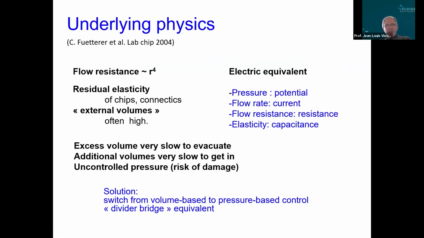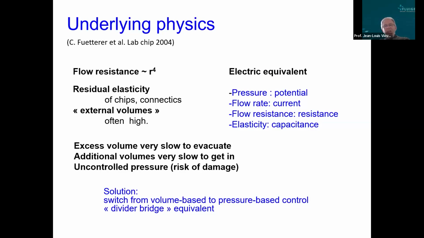And the reason is also something which was already mentioned to you, shown by Bruno: flow resistance depends with a strong power on dimension, and when you miniaturize, you have extremely high flow resistance.